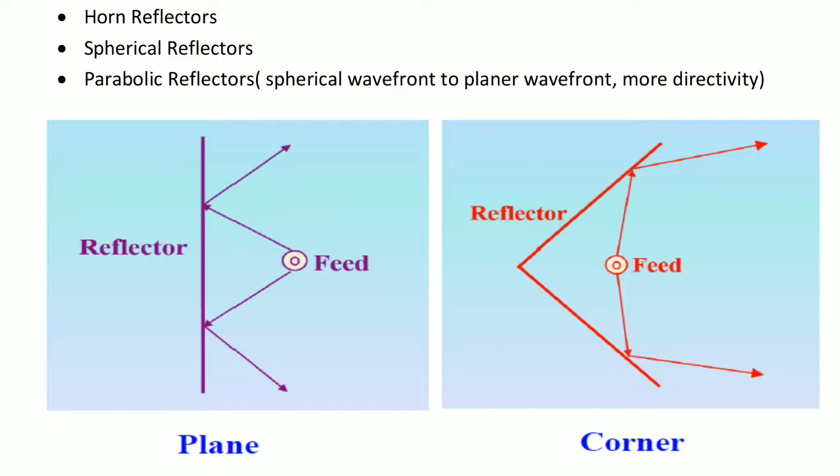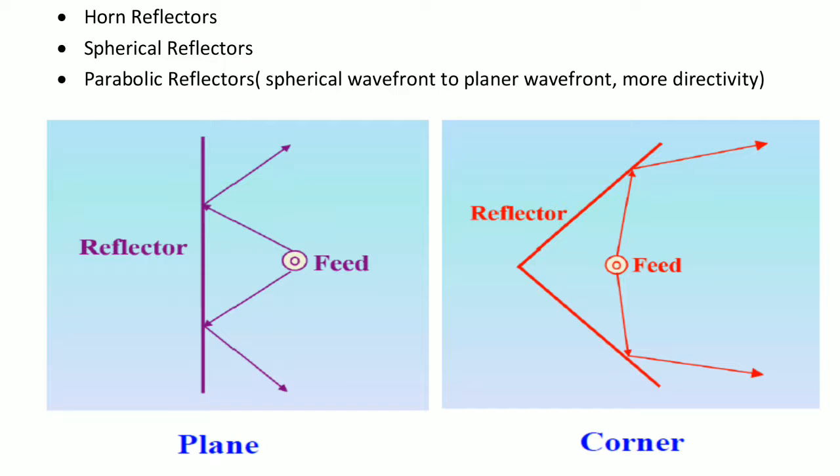It is used as a passive target for radar and communication applications. It is also used in home television antennas. This is the most important basic application of the corner reflector.